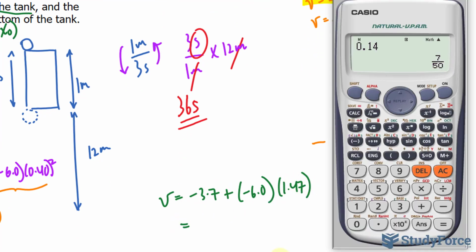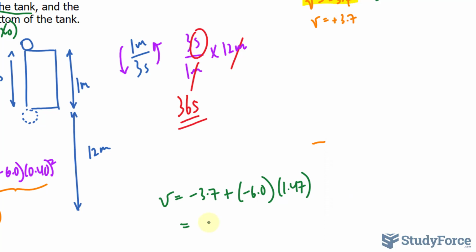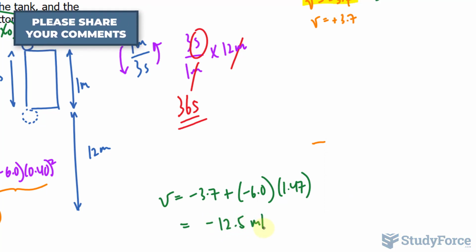Multiplying these two terms and combining everything, -3.7 plus -6.0 times 1.47 gives me a final velocity of -12.5 meters per second.